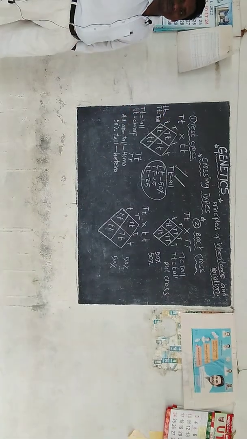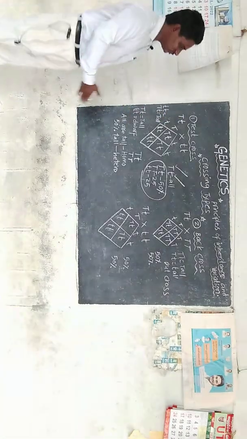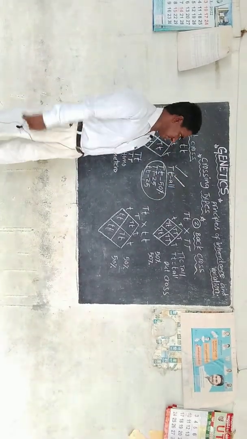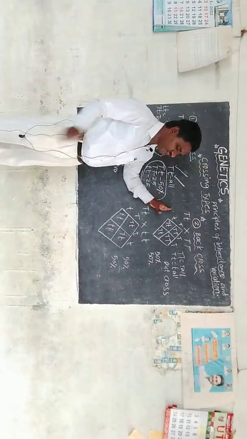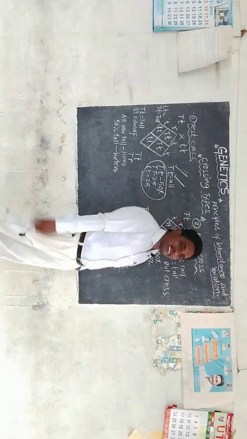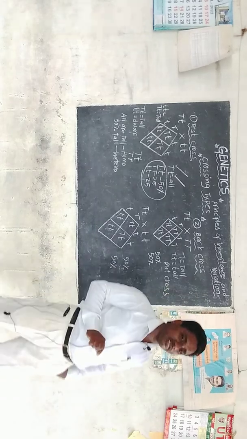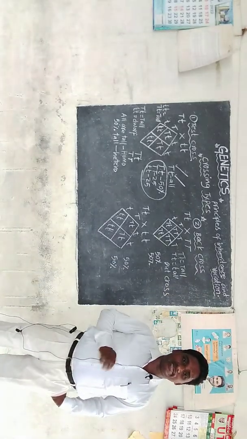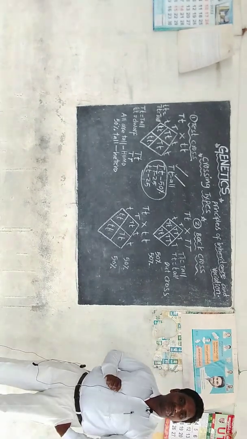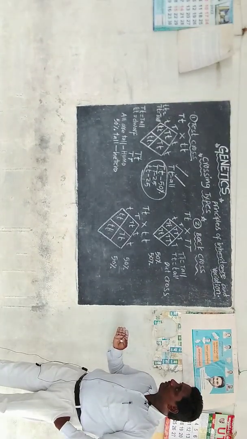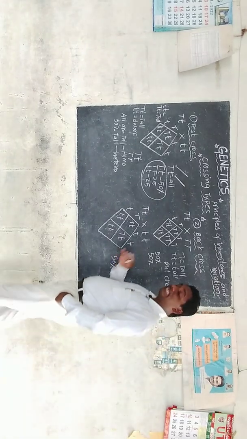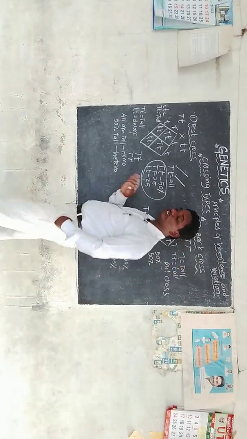Next, coming to the back cross. Why are we doing the back cross? For example, if any plant has desirable characters, that character may be a disease resistant variety, the tallness of the plant, the color of the plant, or the axial or terminal position of the flower.